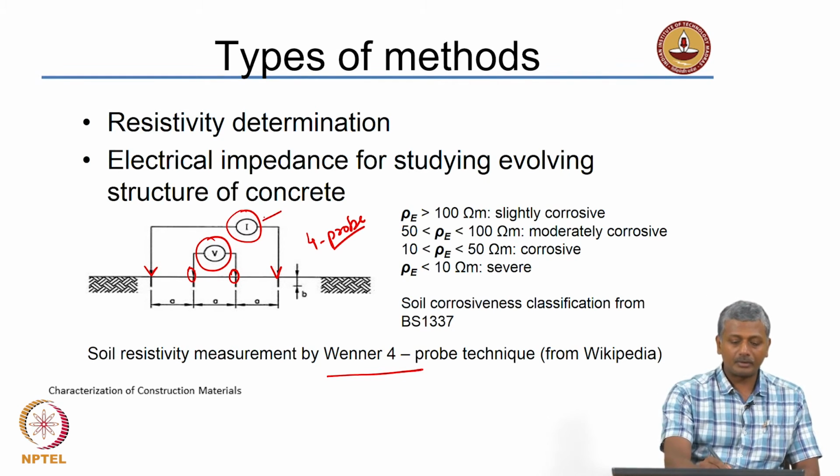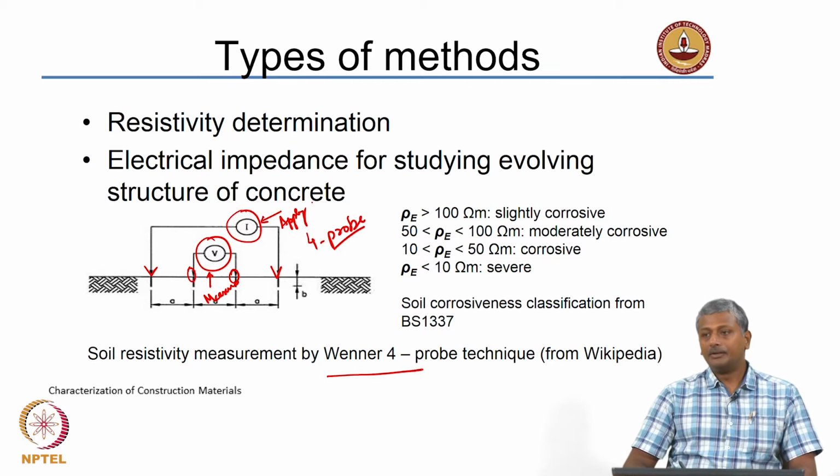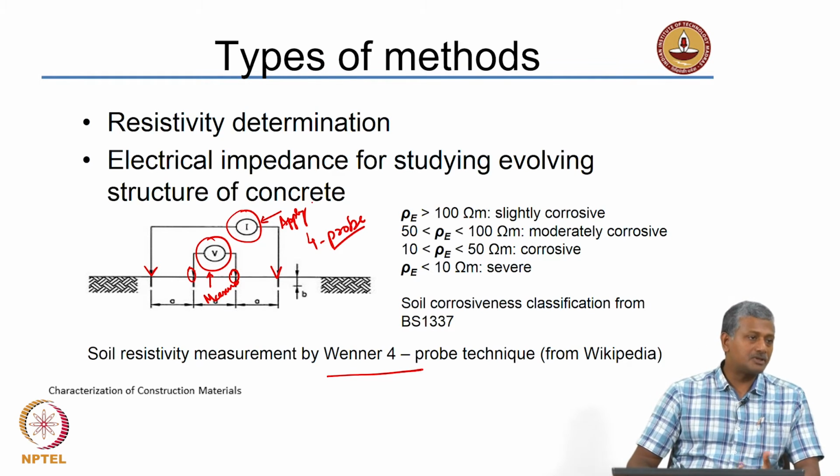You apply an electrical current and you measure the potential, and from the measured potential, you convert the value to an equivalent resistivity of the system.